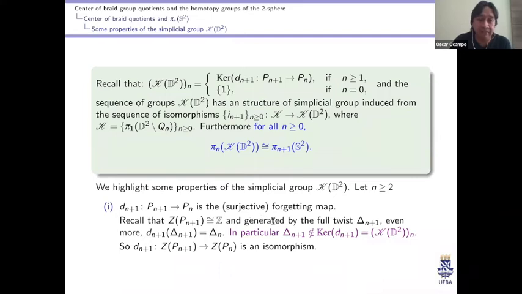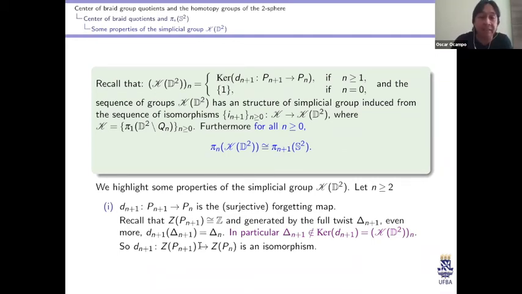In fact, they are generated by the full twist. The full twist is the braid that has a complete twist of the points. The half twist is called a Garside element, and the full twist is just a complete twist of the points that are based for the braids.